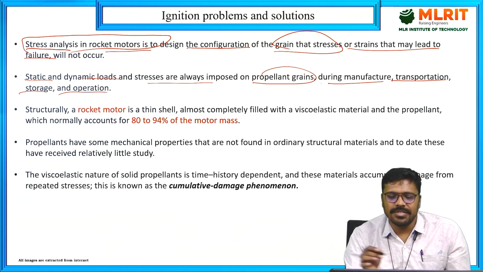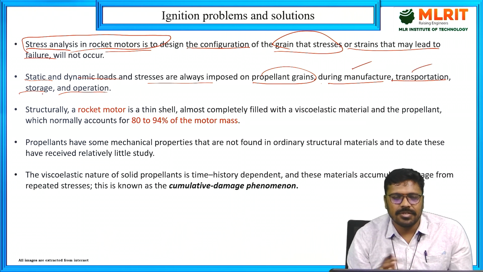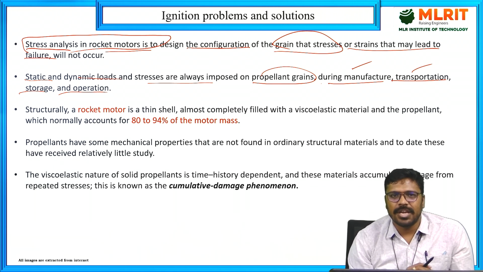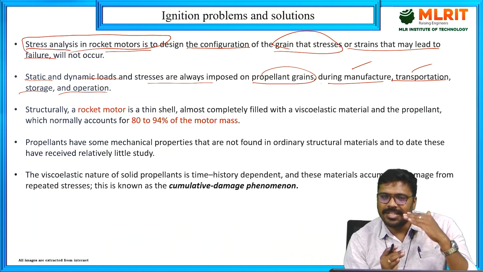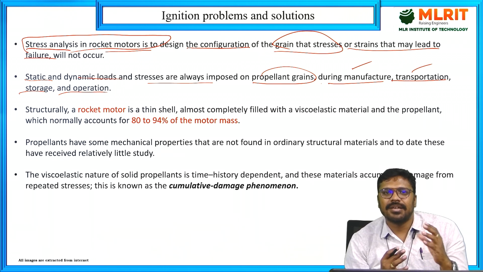This is one of the very important ignition problems. Most of the time, solid propellant rocket motors fail in the ignition phase itself, because the grain does not sustain the stresses developed due to the high pressure.